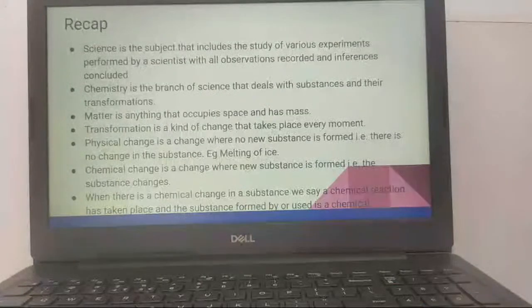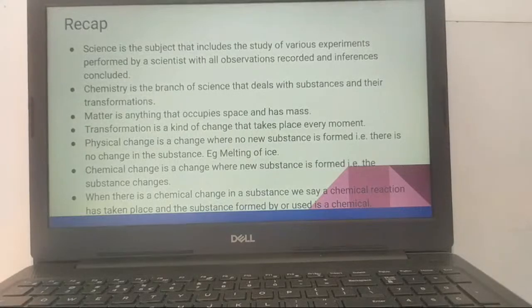Now let's read what we have discussed today. In the beginning, we discussed science. What is science? Science is the subject that includes the study of various experiments performed by a scientist with all observations recorded and inferences concluded.